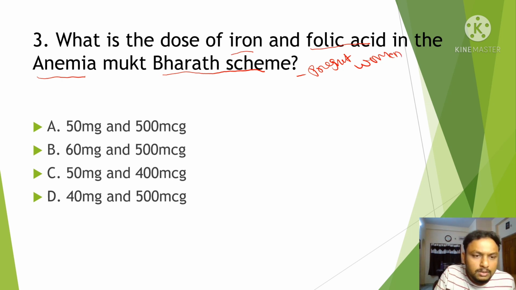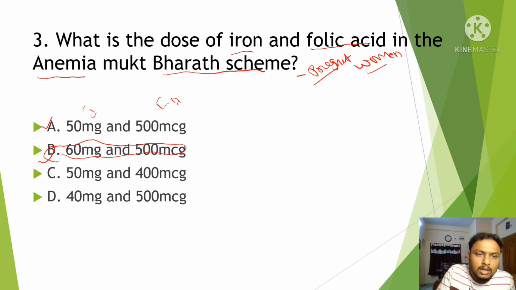Your options are 50 mg and 500 mcg, 60 mg and 500 mcg, 50 mg and 400 mcg, 40 mg and 500 mcg. The dose ideally suggested by the Ministry of Health and Family Welfare and WHO for a pregnant woman, 60 mg and 500 mcg, is the correct answer.